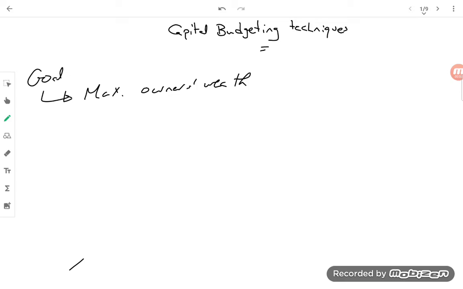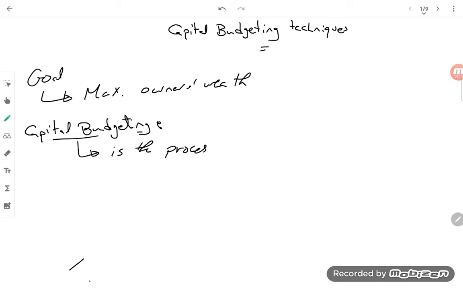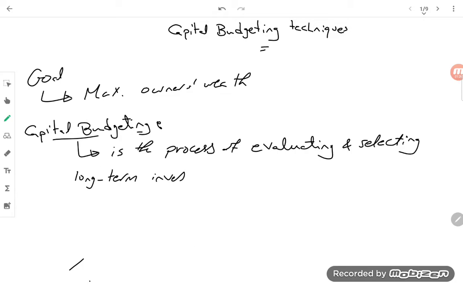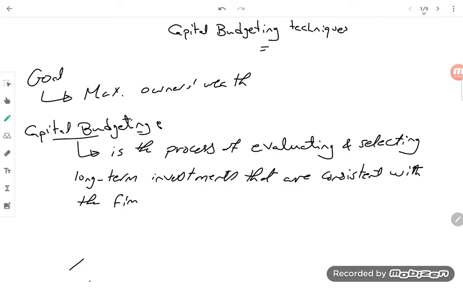So capital budgeting technique means the process of evaluating and selecting long-term investments that are consistent with the firm's goal of maximizing owner's wealth.